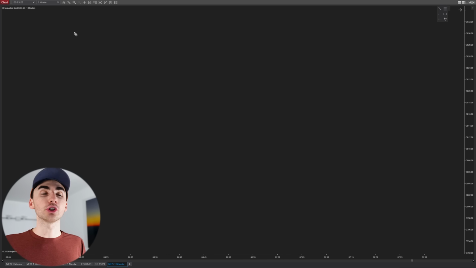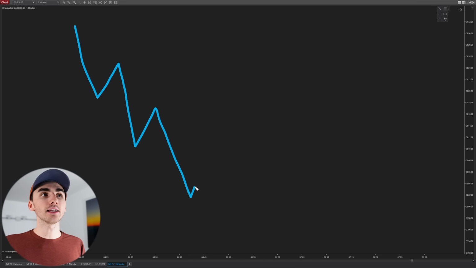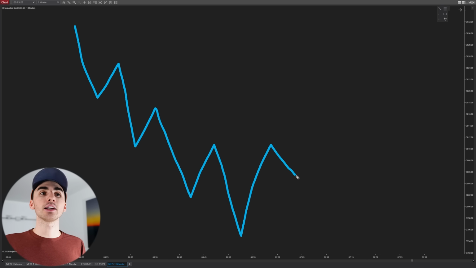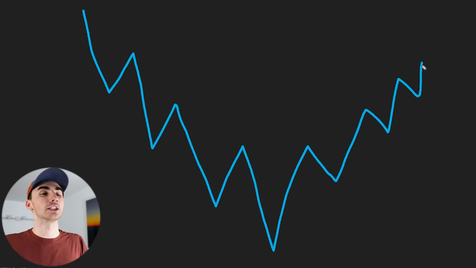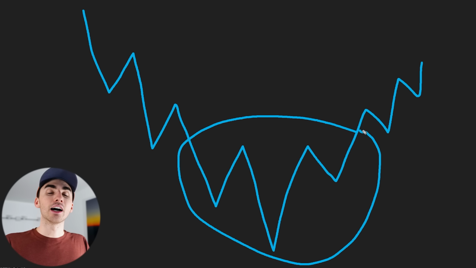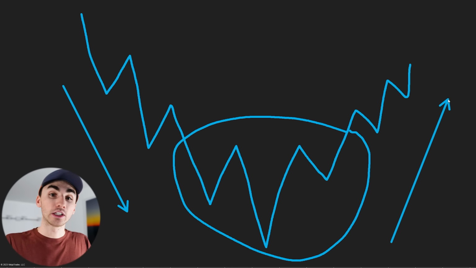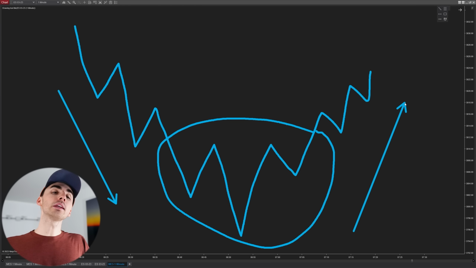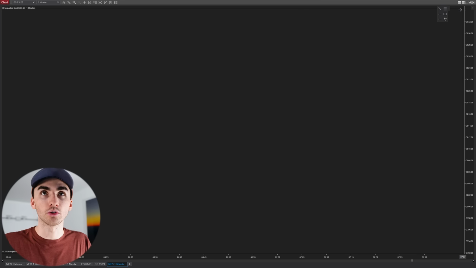And all this pattern really shows you is when the market is switching from making lower lows and lower highs to making higher highs and higher lows. It's just showing you that basic inflection point of switching from a downtrend to an uptrend. And we can use this to see where the market is potentially going to reverse.